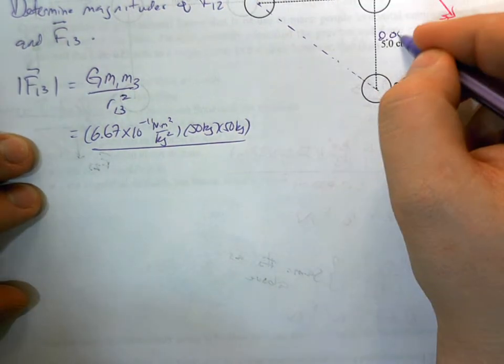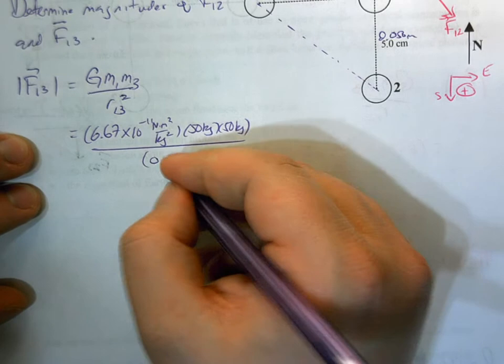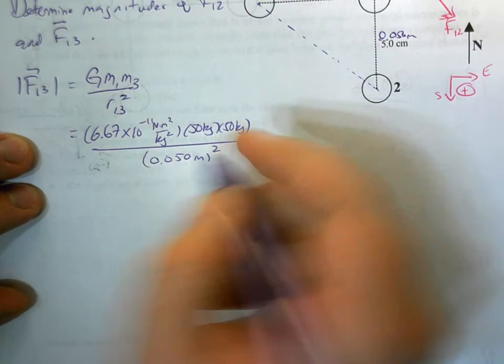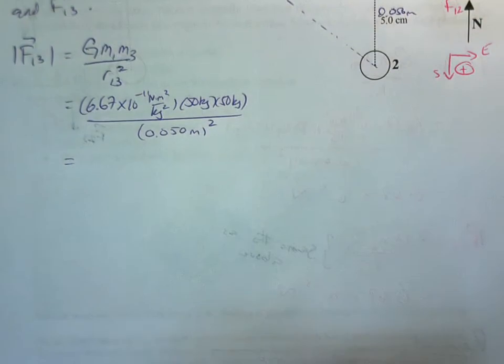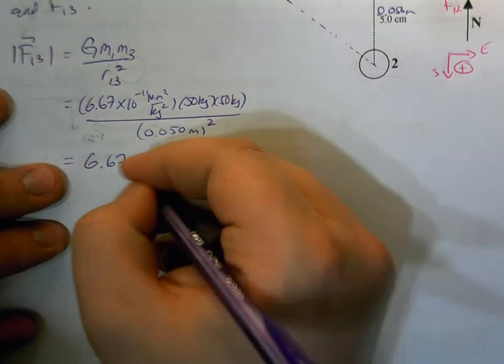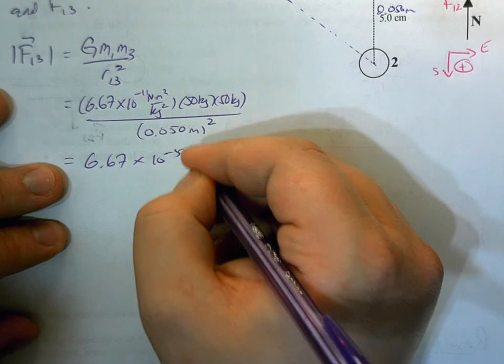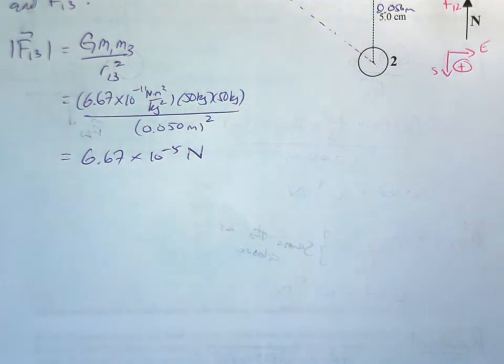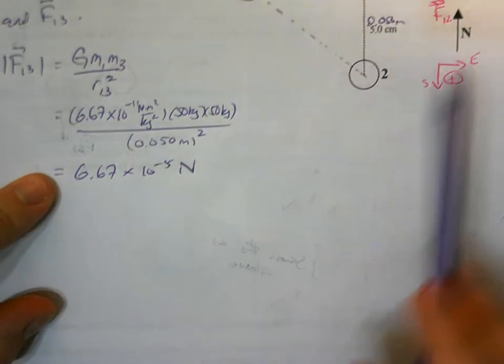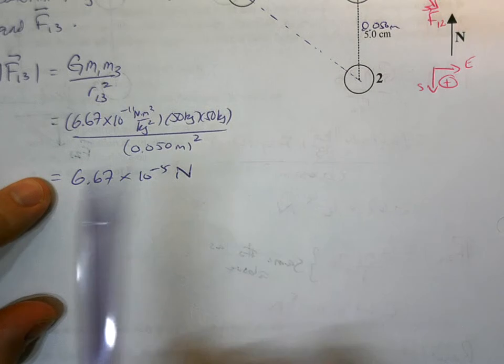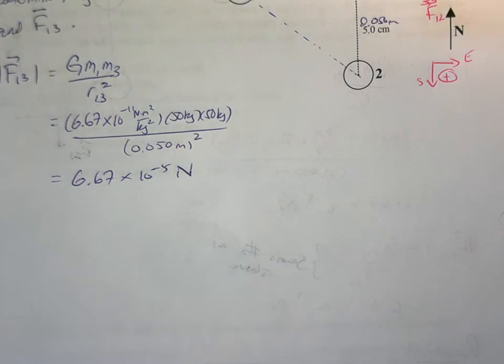So we get that 0.050 meters, so 0.05 meters squared. And then what is this going to give us? Oh yeah, it's going to be the same as last time. So it's going to be 6.67 times 10 to the minus 5 newtons. So that force there, it is acting in the positive x direction. We'll leave the sign alone, no problem with that.